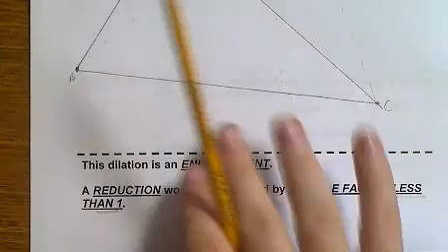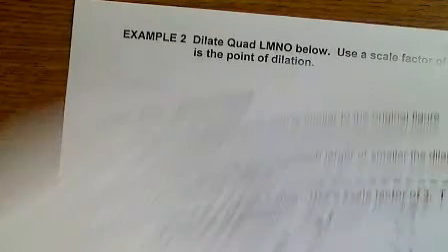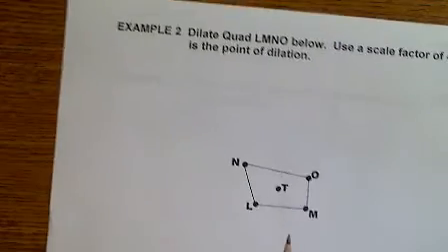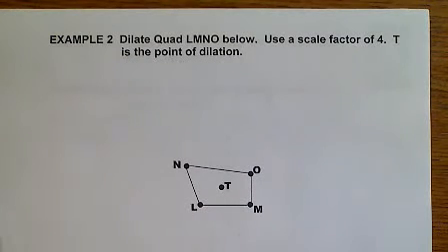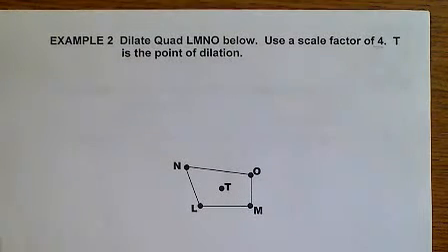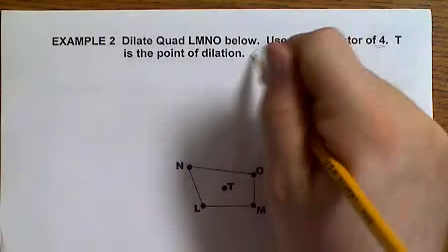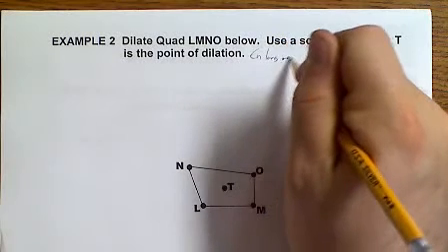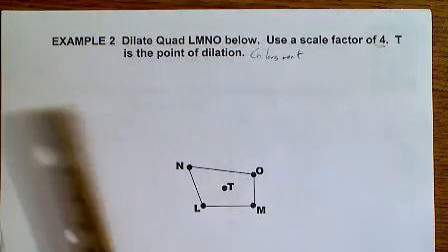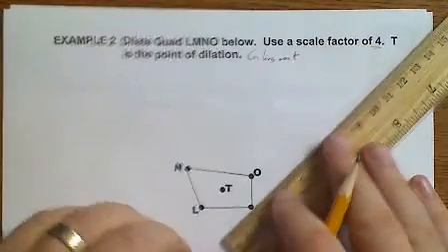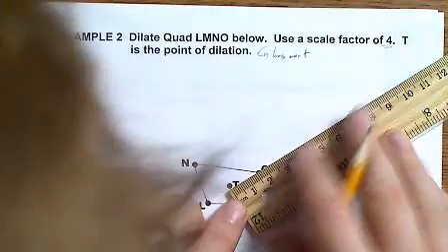So if we take a look at our second page, now we're going to dilate by a scale factor of 4. So this is still an enlargement. So I measure from T to all of my outside points.